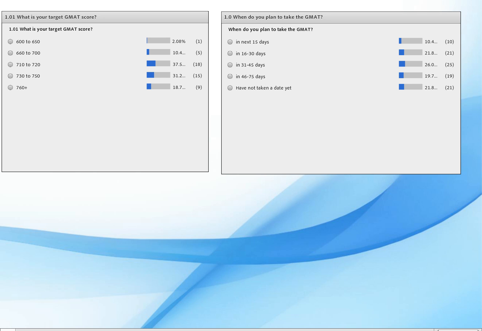With regards to the target GMAT score, the biggest segment is the 710 to 720 group. A very close second is 730 to 750. Then we have a few folks in the 660 to 700 range, and close to 20% of you in the 760 plus bracket.